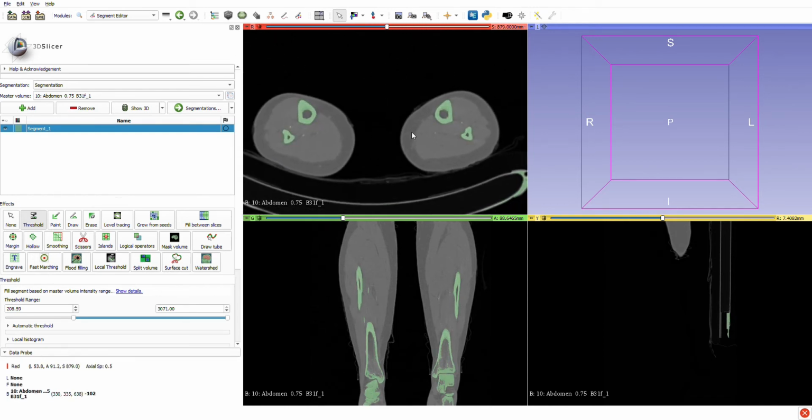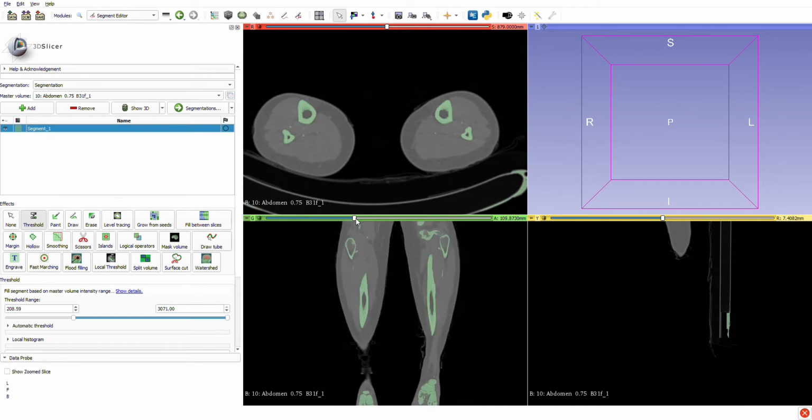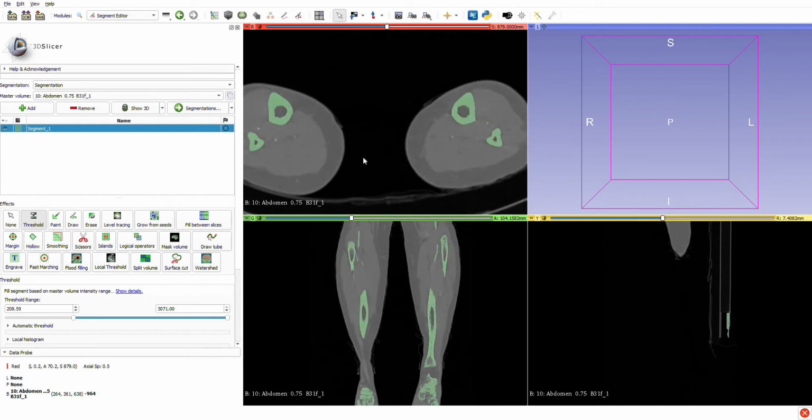Usually when we perform scanning, it is logical to scan both legs, so I usually segment both the right and left fibula and peroneal artery.